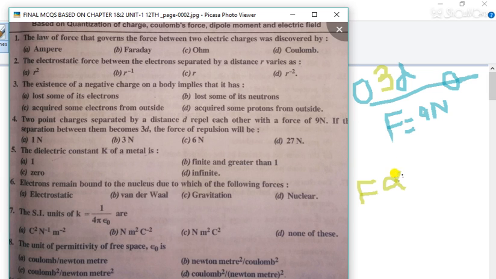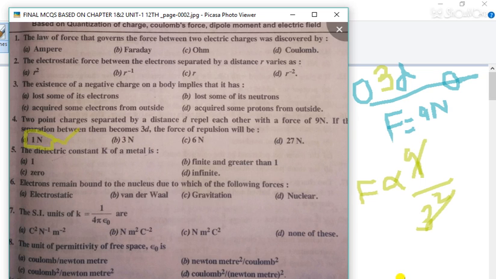So if the distance is increased, then the force will be decreased by a factor of 3 square. Earlier the force was 9, so it is 9 by 9. That means 9 and 9 cancel out. This is the shortcut method. In this case, the force will decrease by a factor of 9. So your answer will be 1 Newton. For question number 4, your answer will be 1 Newton.